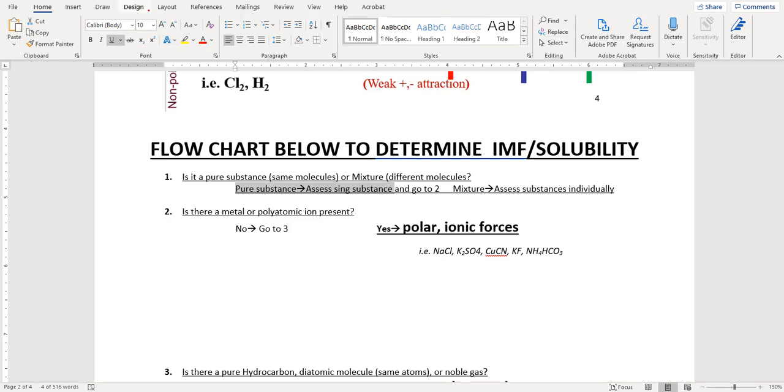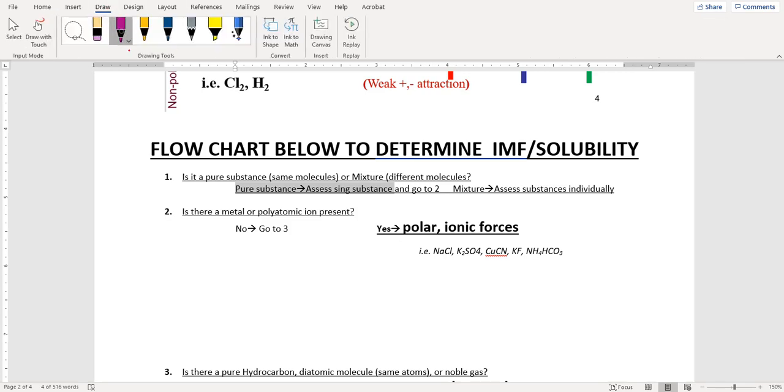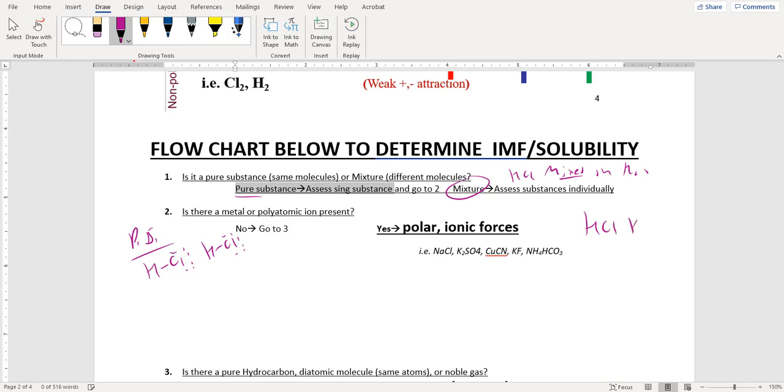So for example, I could give you something where it's a pure substance of HCl, in which case when you're assessing its intermolecular forces, you can just go ahead and draw two of them if you wanted to. Mixture, I could say something like HCl mixed in water, in which case you would draw one of each of the molecules.